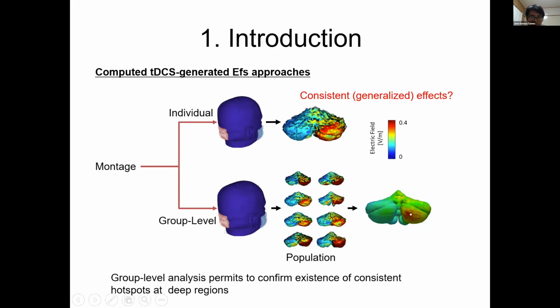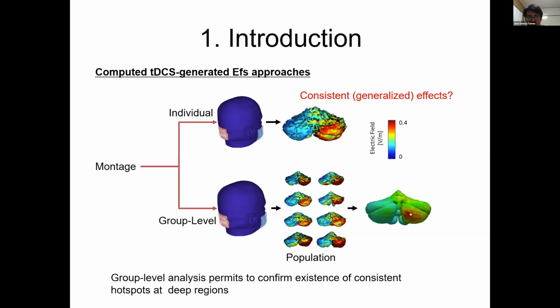The second approach is group level analysis. We apply a fixed montage to a population, so we can see different electric fields for all the subjects. After this, we can investigate intervariability between the subjects, and also investigate the group level effects.